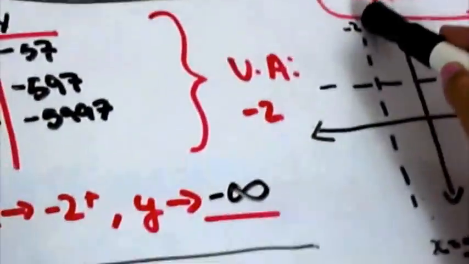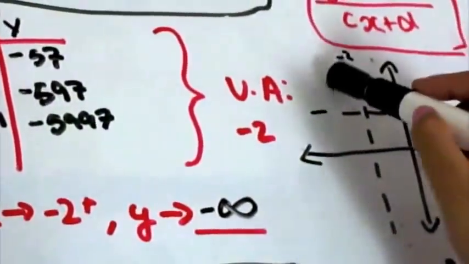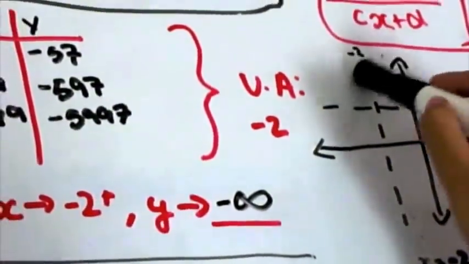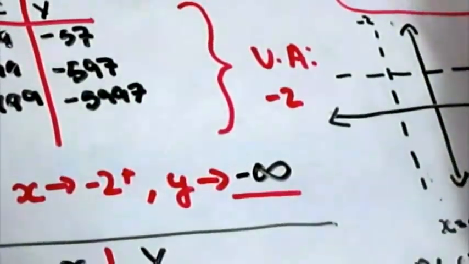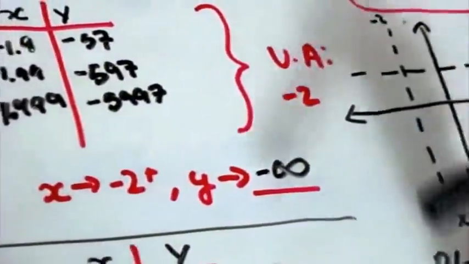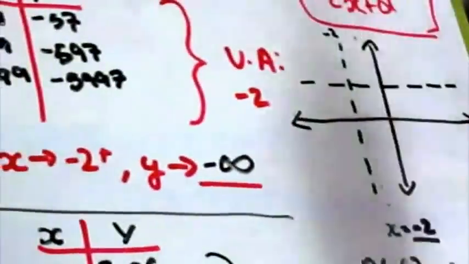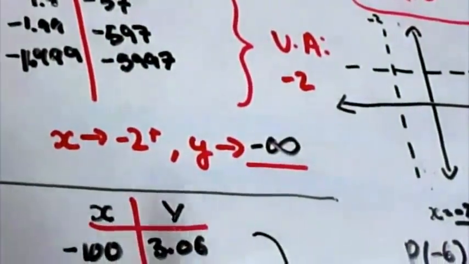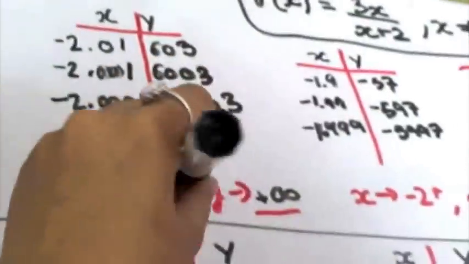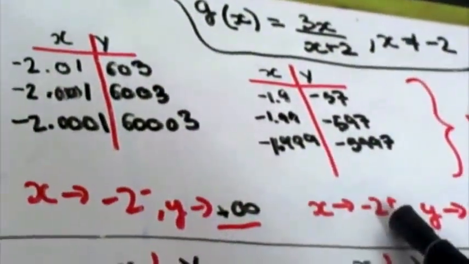So we're going to have to prove the end behaviors around this vertical asymptote to sketch the graph legitimately. Basically we have to take values from the left of -2 and from the right of -2.